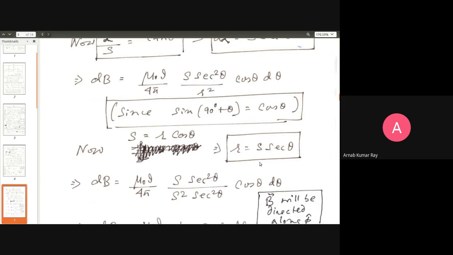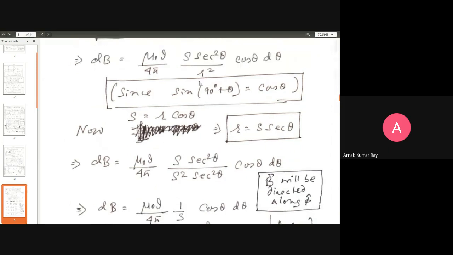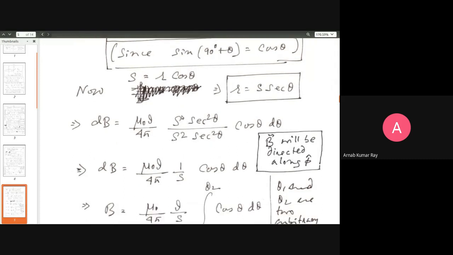Makes our task very simple now. R squared will be written as s squared sec squared theta in the denominator. After that, sec squared theta and sec squared theta will cancel. S here and s squared down here will also cancel, and you'll just have 1 upon s, mu naught I by 4 pi, 1 upon s, cos theta d theta.